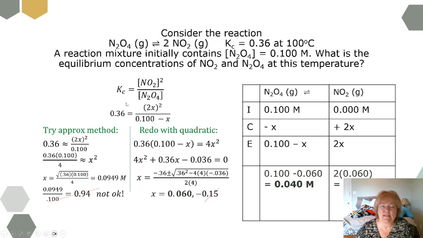If I take this expression, I multiply through to get 2x in parentheses squared is equal to 4x squared. And then I multiply through, I collect all the like terms, I end up with this quadratic: 4x squared plus 0.36x minus 0.036 equals 0. Now that I have it in that format, now I can use the quadratic equation, negative b plus or minus the square root of b squared minus 4ac, all divided by 2a.